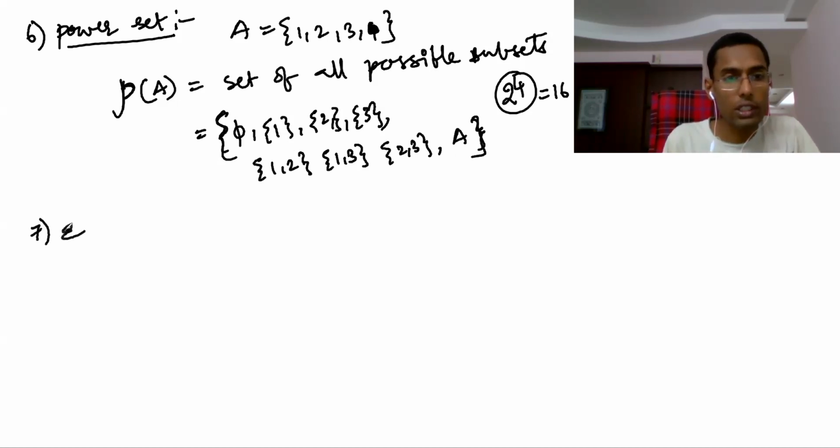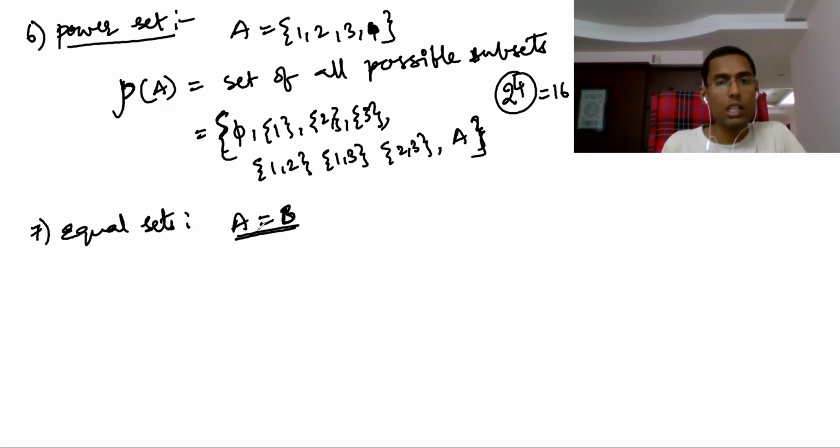Now equal sets, we'll see. A and B are said to be equal sets if they have the same elements. Let's say A equals {1, 2, 3}, then B is also {1, 2, 3}. We write A = B. Equal sets mean they have the same number of elements and the same elements.